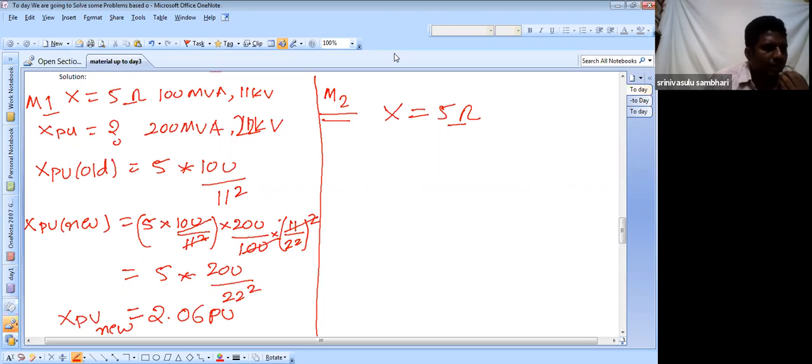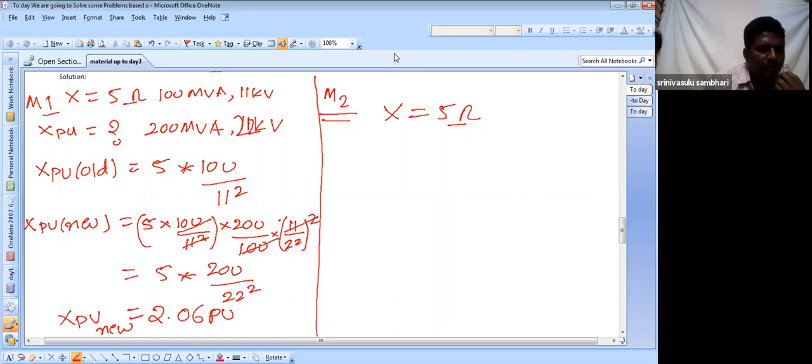If the examiner gives base values, the answer will be per unit. If the examiner does not mention base values, the answer is in terms of actual values.